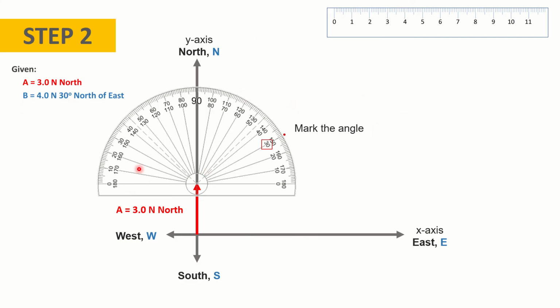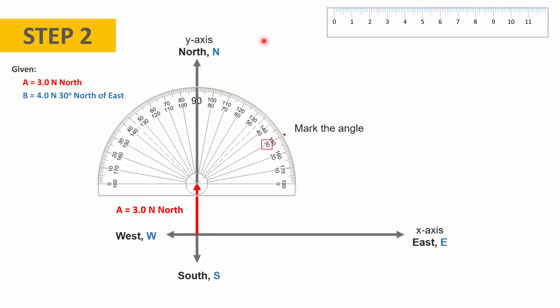To compare the parallelogram and the polygon method: in the parallelogram method, we draw the vectors from the same initial point, represented by the point of origin. So vector B will be drawn from this point, and there we measure 30 degrees and sketch our vector.